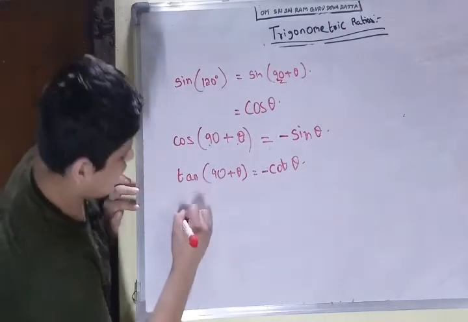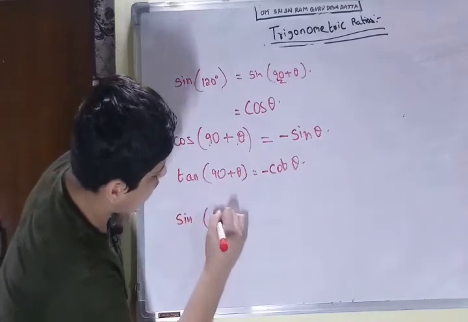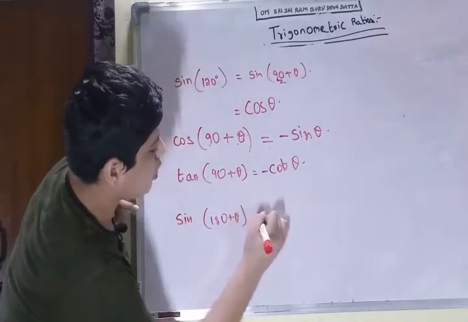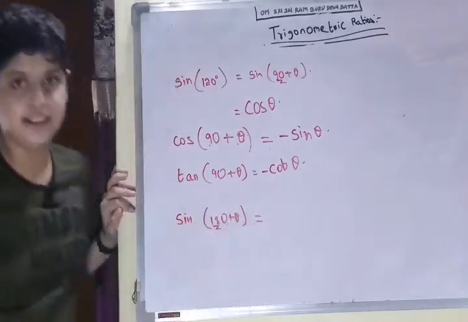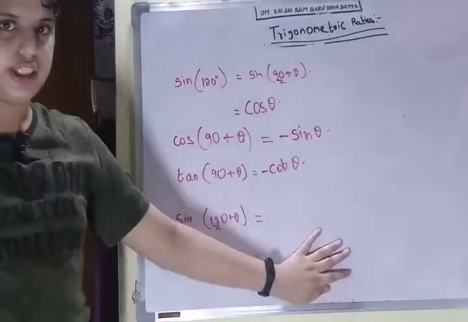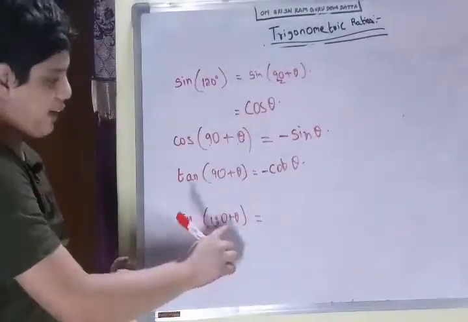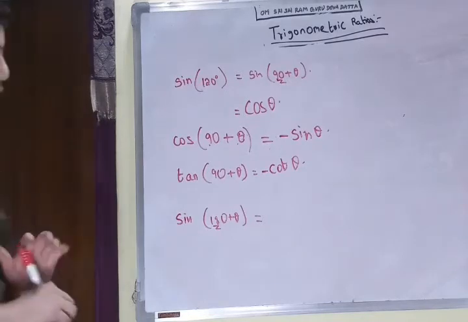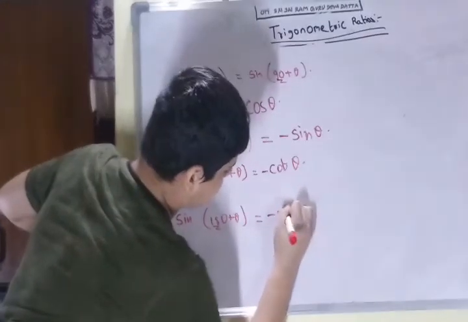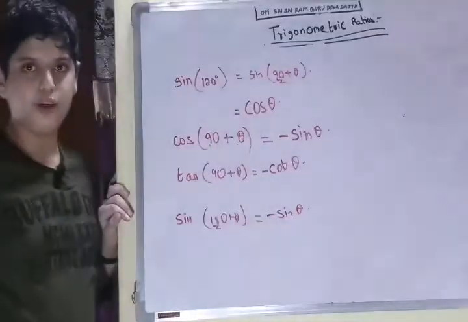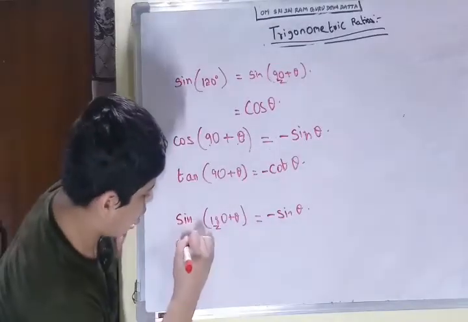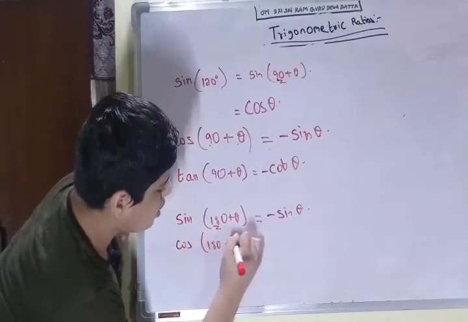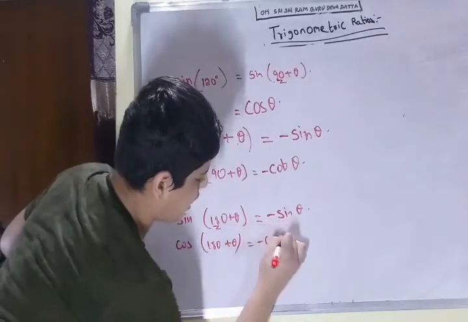Now for the same one, let us suppose he gives sin 180 plus theta. Now this is 18, this is even, so the function does not change, it remains the same, but sin 180 plus theta is negative because sin is only positive in the first two quadrants. After that the sin value will be negative, so it will be minus sin theta. In the same way, cos 180 plus theta will also be minus cos theta.